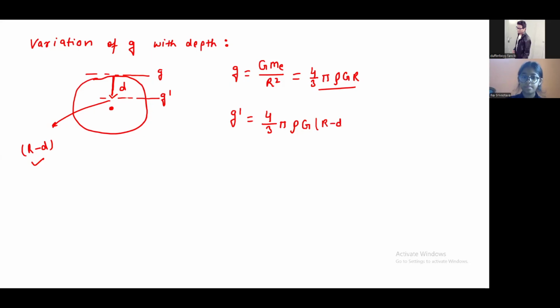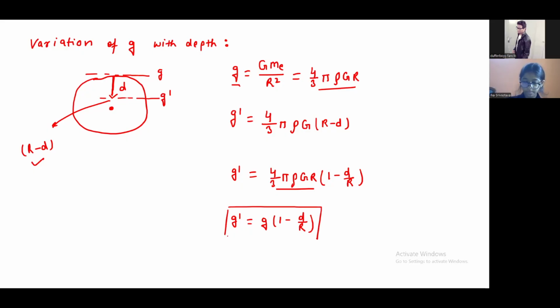Taking R common, we get rho G into R into 1 minus d by R. This value is g. So we can write g dash is equal to g into 1 minus d by R.